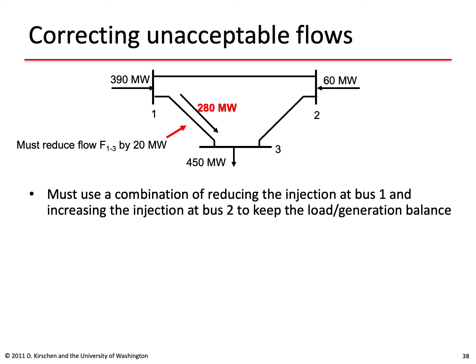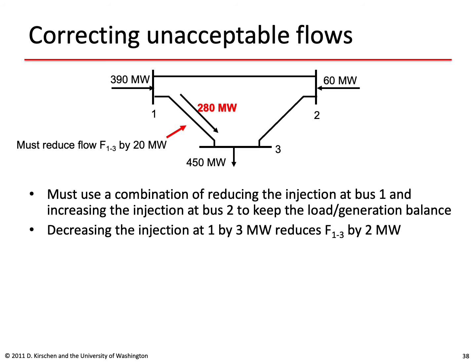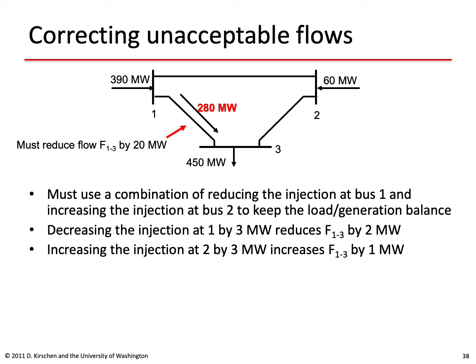In particular, if we reduce the injection at bus 1 by 1 megawatt, we must increase the injection at bus 2 by 1 megawatt to keep the load generation balance. Now, let's observe that if we decrease the injection at bus 1 by 3 megawatts, 2 of these megawatts are not going to flow in line 1, 3. One of these megawatts is not going to flow through the other path. On the other hand, to compensate, we increase the injection at bus 2 by 3 megawatts.